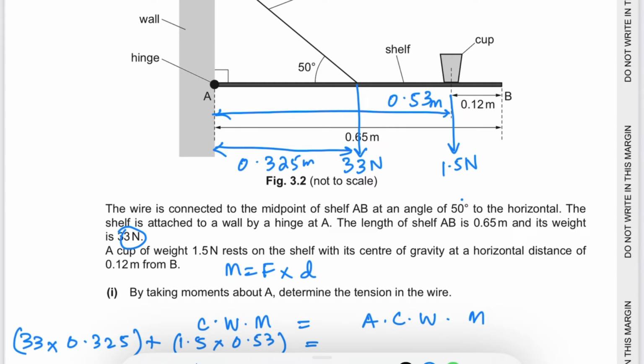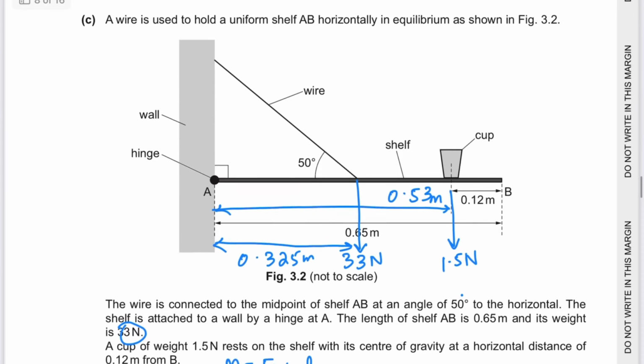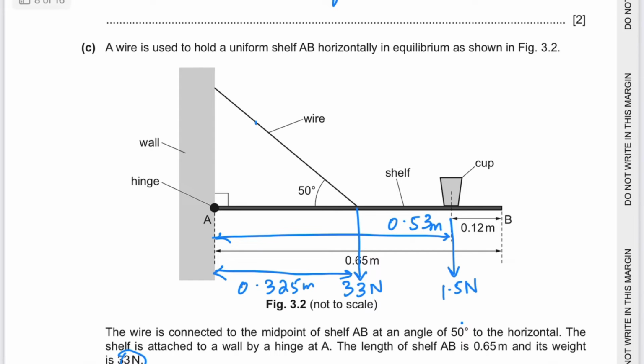Now, the anti-clockwise moment here will be caused due to the vertical component of the tension in this wire. Since tension is a vector quantity and you are given the angle that it makes with the horizontal, let's break it down into its horizontal and vertical components.